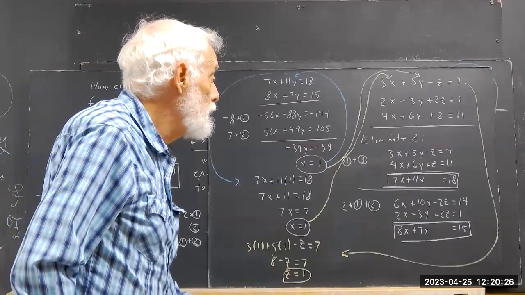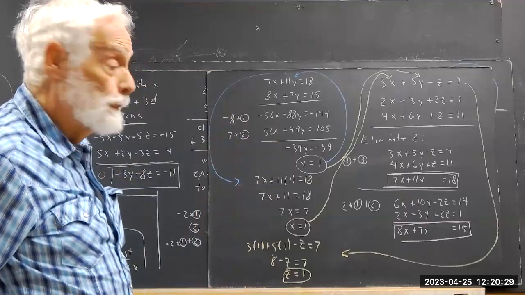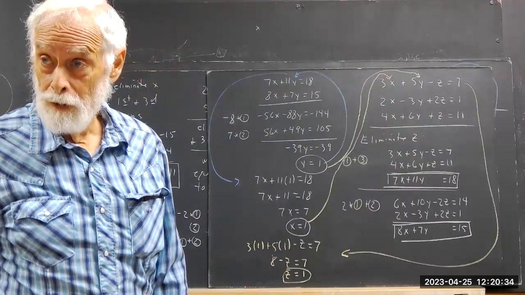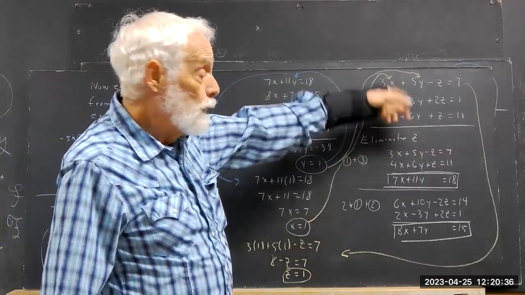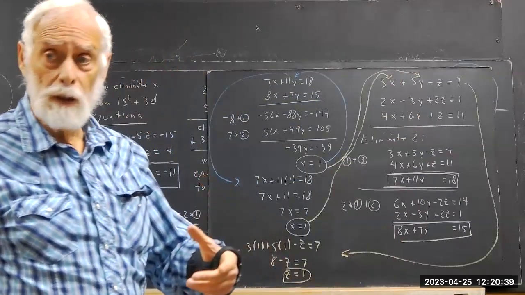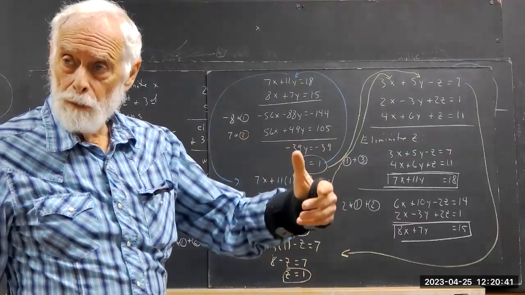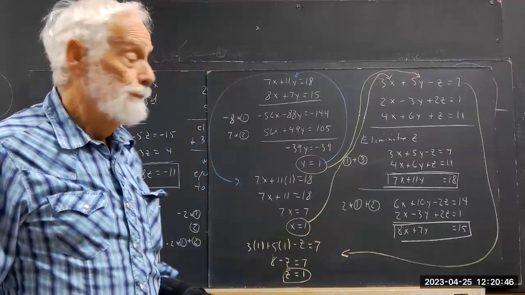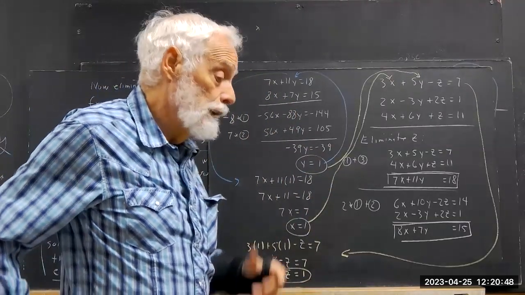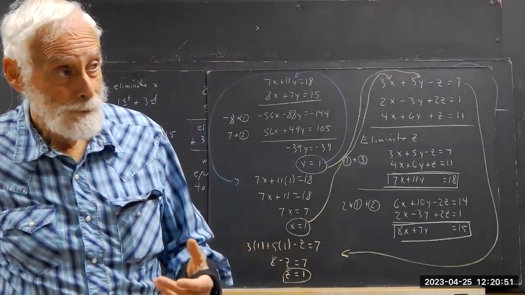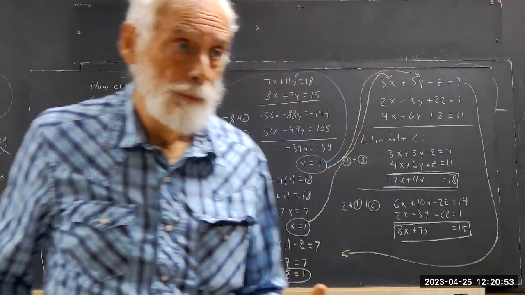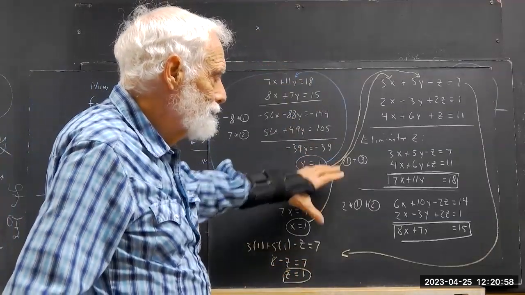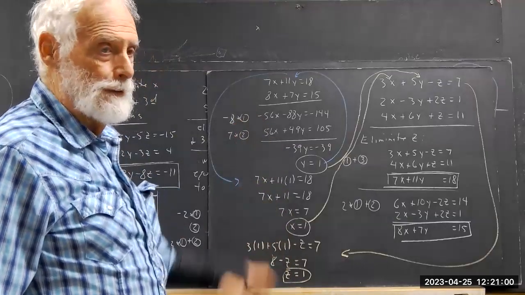Now, we could have chosen to eliminate a different variable. Nothing wrong with eliminating x, it would be difficult. Okay. Nothing wrong with eliminating y. That would have been difficult. What you want to look at is all three variables and see which one is the easiest to eliminate. You know, there's much more to the assignment, but we needed to at least get this idea about it.